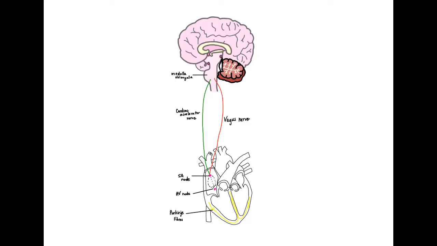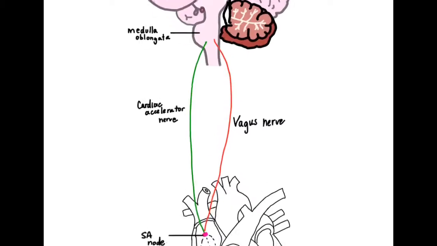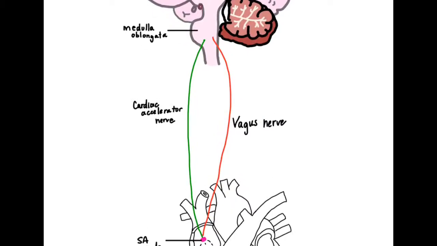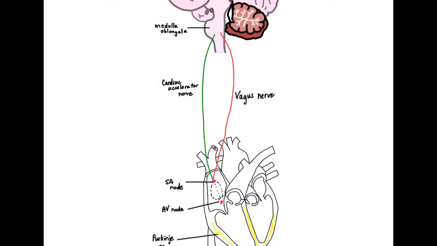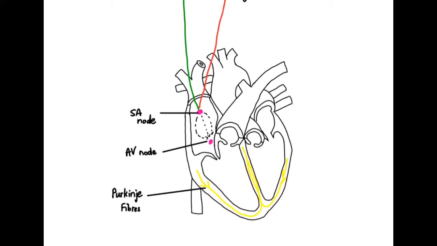So we have 2 different nerves that can have an effect. We have the cardiac accelerator nerve, which, as it says in the name, helps to speed up the heart rate. And we also have the vagus nerve, which will slow down your heart rate. Then in the heart, those nerves are connected to the sinoatrial node, or the SA node.